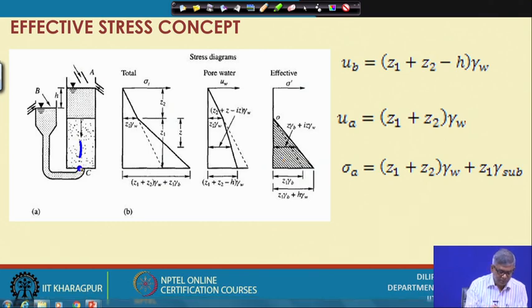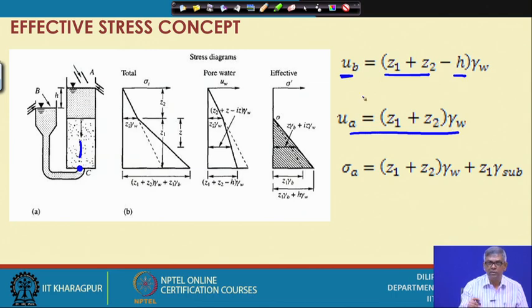You can see here at this point, because of this head we are getting some head, but if I consider from this side, then I will get a different water head. So, there is a change. So, if I consider u b here, it is z 1 plus z 2 minus h. So, z 1 plus z 2 is the total height, minus h is the head at this point, whereas u a, if I consider from here at a, you will get z 1 plus z 2 into gamma w.